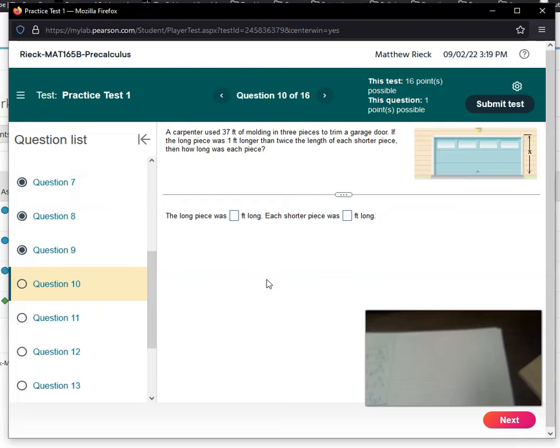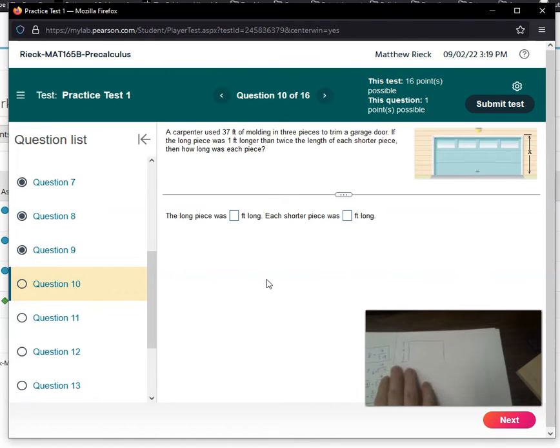All right. So here you have a carpenter used 37 feet of molding in 3 pieces to trim a garage door. If the long piece is 1 foot longer than twice the length of each short piece, then how long is each piece going to be? All right, so in this case, we have 3 pieces because we're not applying molding to the bottom of my garage.